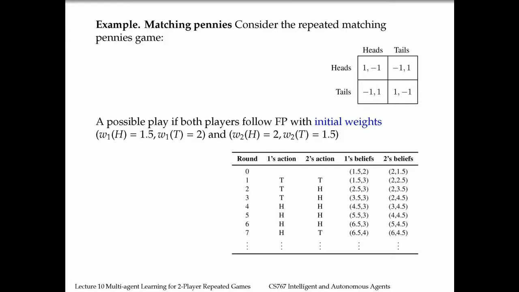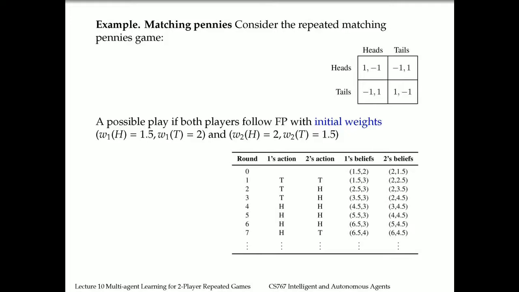scenario, right? And now suppose that both players will follow fictitious play, and suppose there are some arbitrary initial weights that are assigned to these actions. Say the weights for W1 at heads is 1.5, for tails would be 2, and for W2, the weight for player 2 at heads will be 2, and at tails will be 1.5.